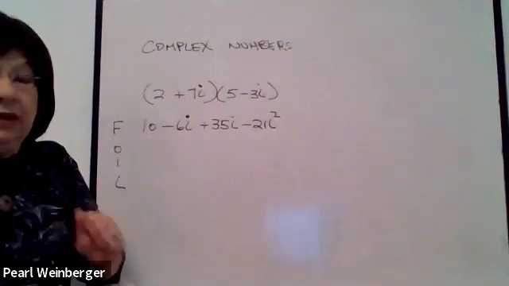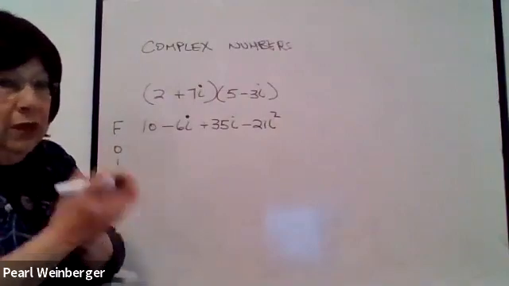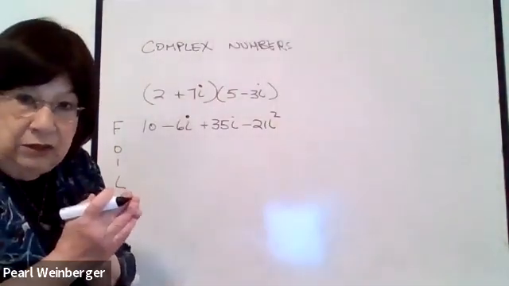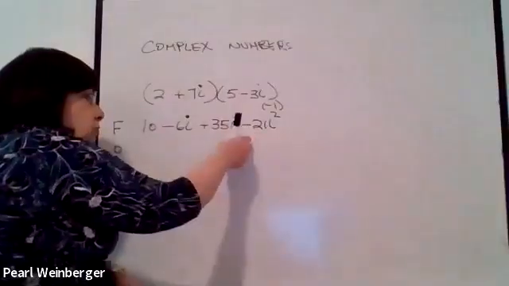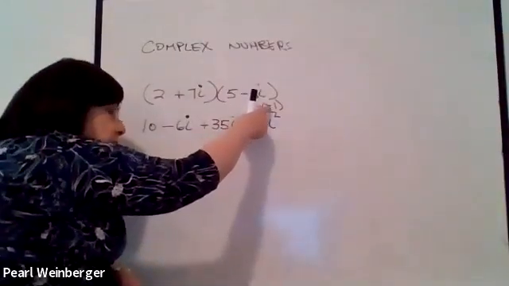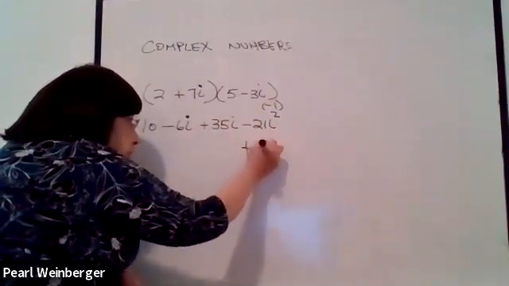And as soon as I see i squared, before I do anything else, I remember my rule. i squared has a value. What did we say the value of i squared is equal to? -1. So actually, this becomes a negative 21 times a -1. We're multiplying this, which becomes a plus 21.